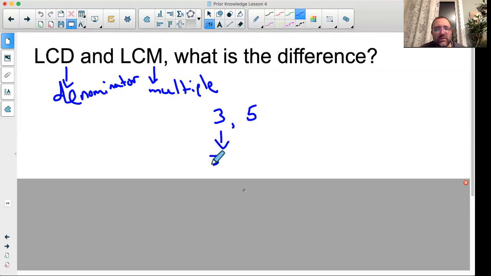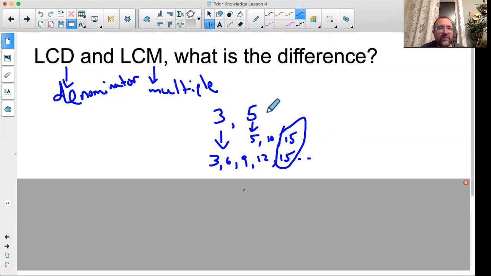You list them off. 3, 6, 9, 12, 15, and so forth. Same thing for 5. 5, 10, 15. And you'll find that the LCM is 15.